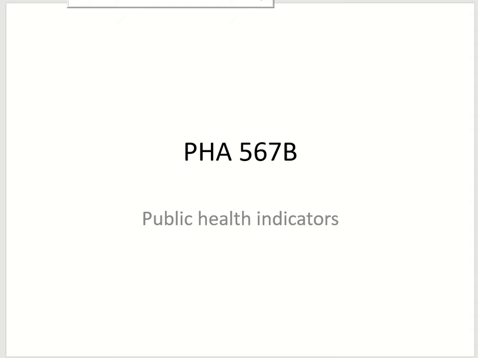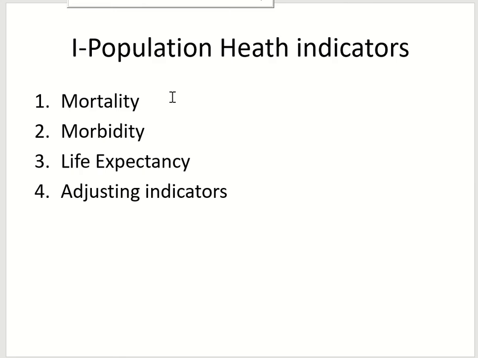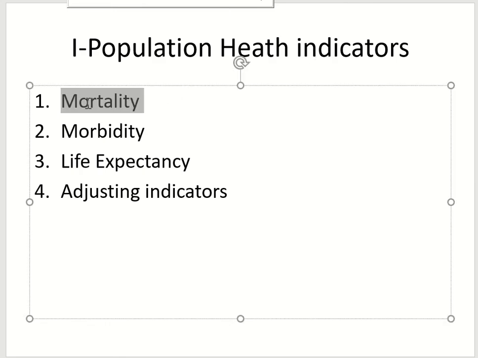And we pointed out that there was an evident need for a method to measure the health, quote unquote, of the population. And therefore, there was a need to come up with indicators to evaluate the public health of populations.